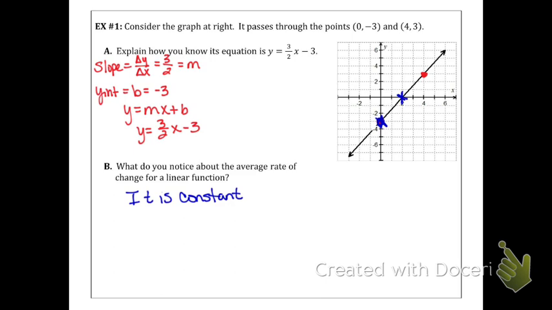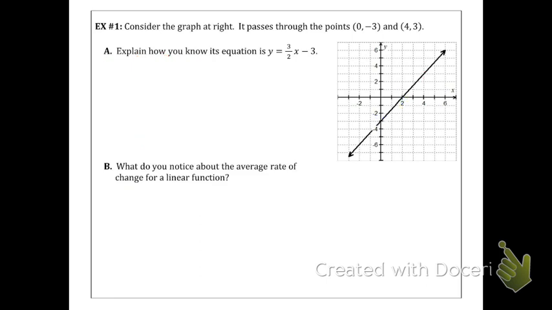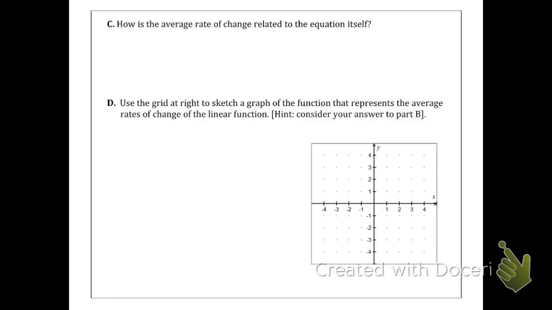All right, C says, how is the average rate of change related to the equation itself? So we know that our average rate of change is equal to 3/2, and since we know that's equal to the change in the y over the change in the x, so for every change in x, and I'm thinking about it as a whole number change, okay?